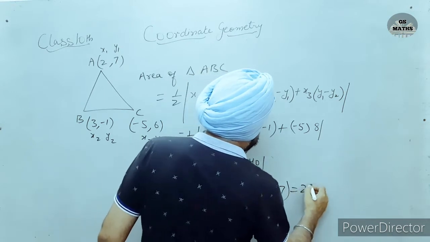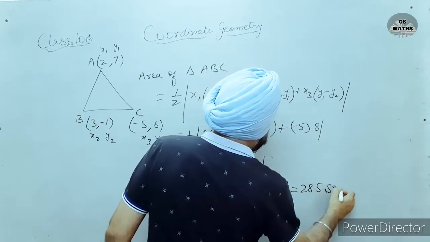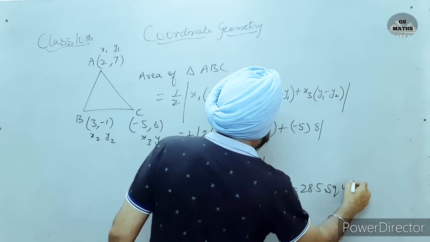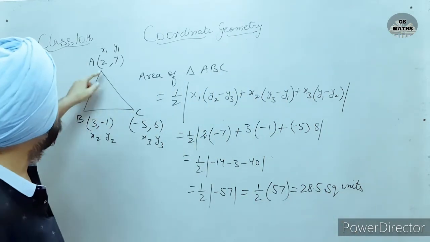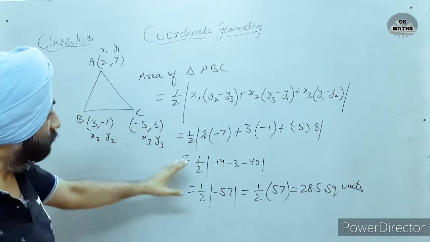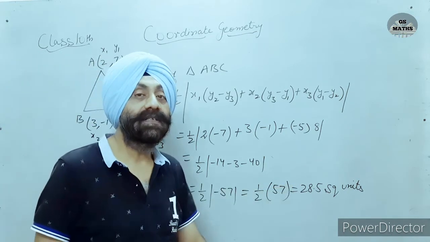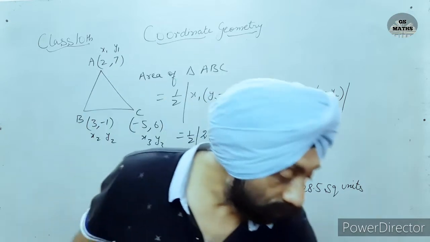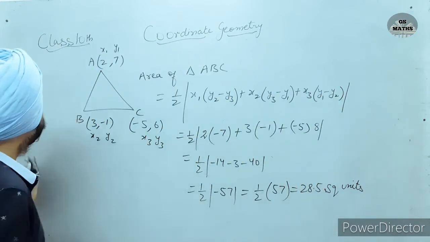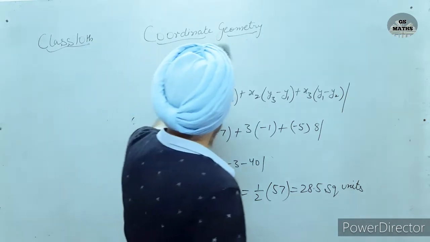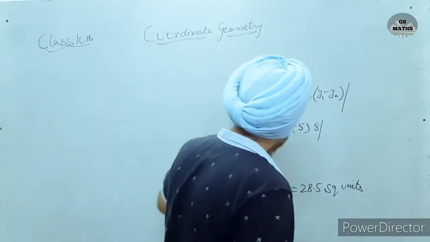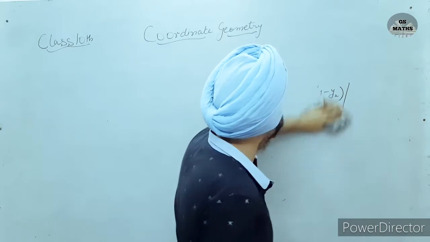That is 28.5 square units. This is the answer: the area of the triangle ABC with these vertices is 28.5 square units. This was question number 1, how to find the area of the triangle ABC when the three vertices are given to us.